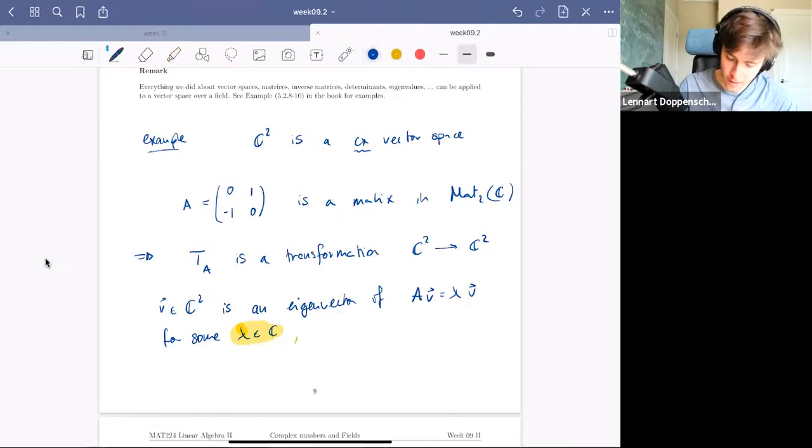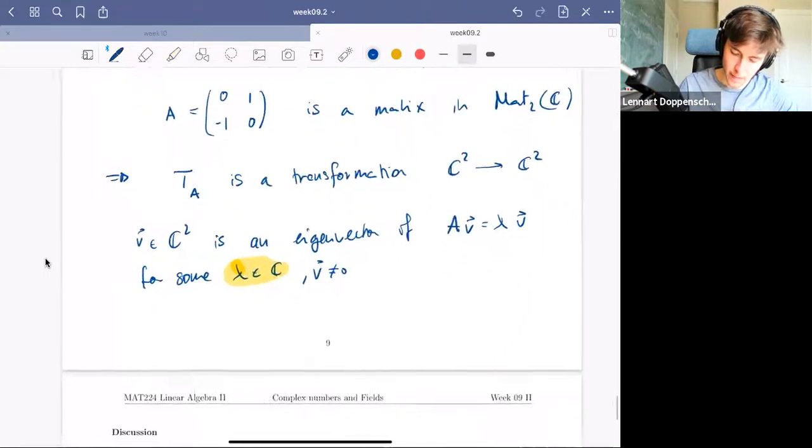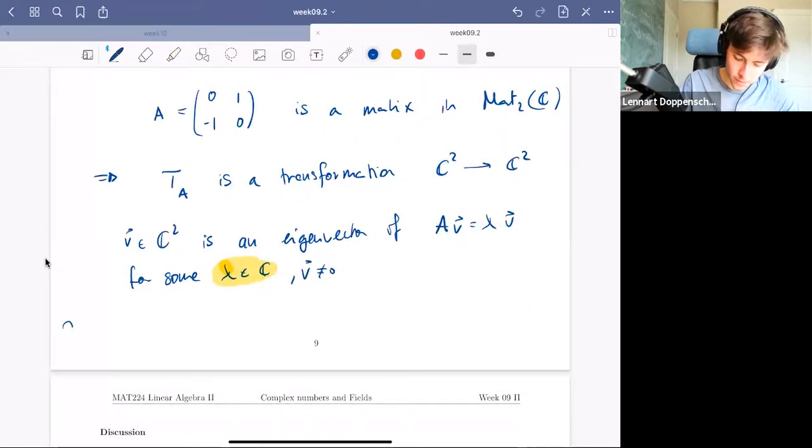We still want that eigenvectors are non-zero. That hasn't changed.